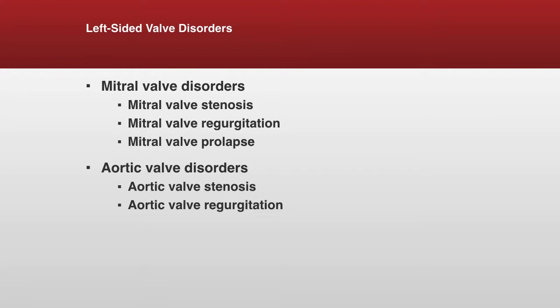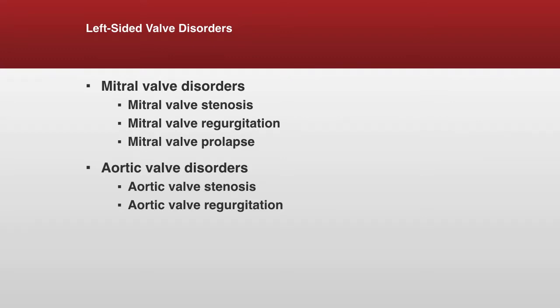The left-sided valve disorders include things that happen to the mitral valve, like the mitral valve may be stenotic, or there may be regurgitation, or there may be prolapse. If there's prolapse, there's often regurgitation as well. If it's a small enough prolapse, there may not be a lot of regurgitation, and so you would not hear a murmur with it.